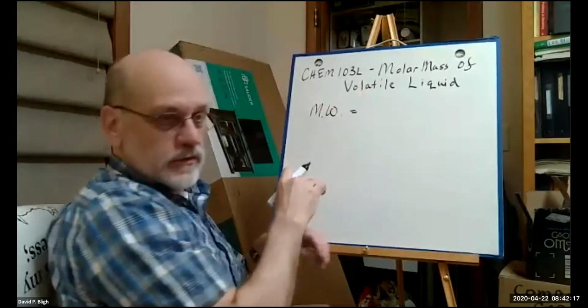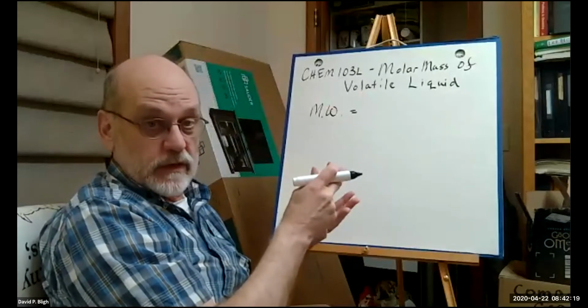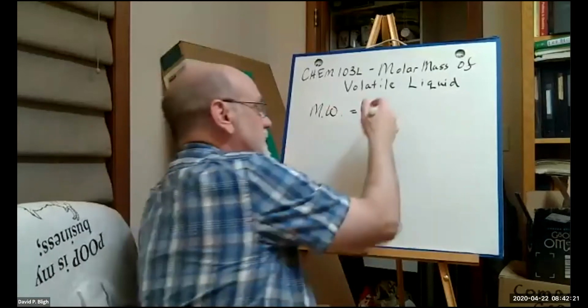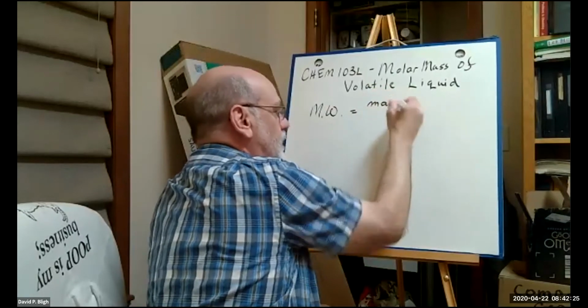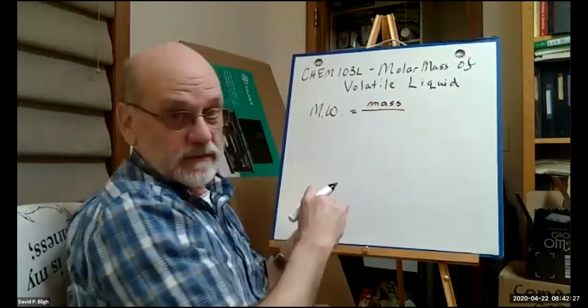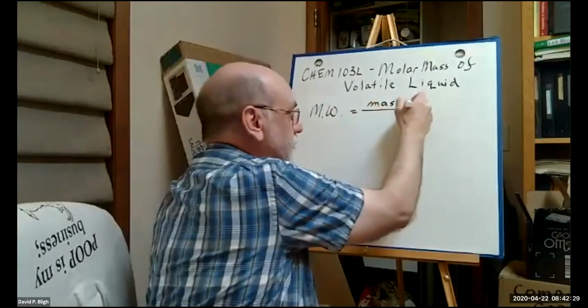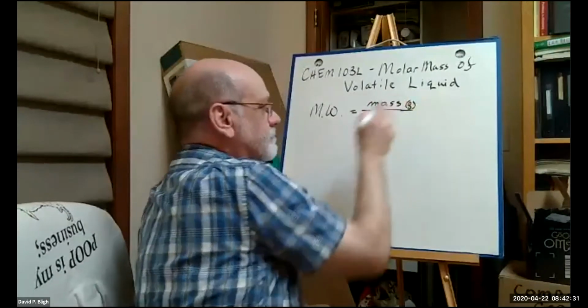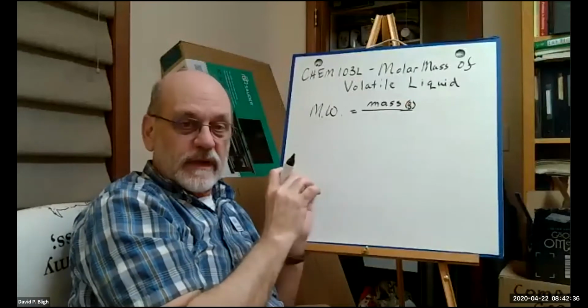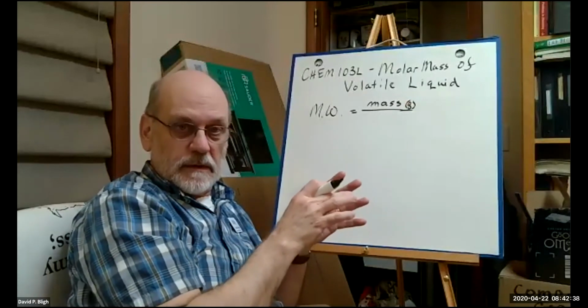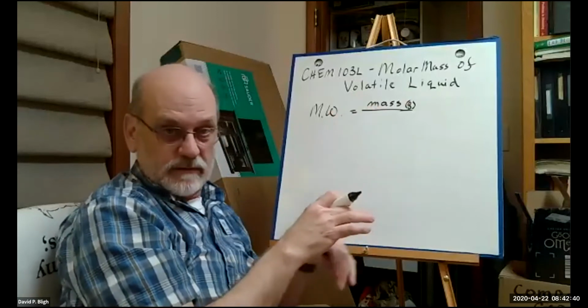And in order to determine molar mass, you need two values. You need the mass of the compound in grams, right? And then you need to know how many moles are represented by that mass.